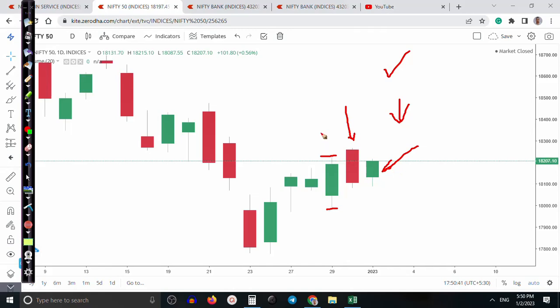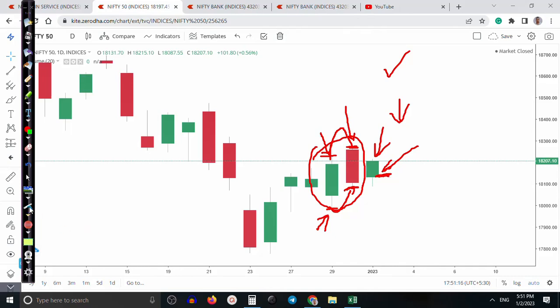Now you can see this higher point and this lower point, and in the next candle that higher point and that lower point. What we have seen here using these two candles is that price is creating a new higher high and a higher low. Once this type of candle appears, next day we are looking for a buy above the opening point.